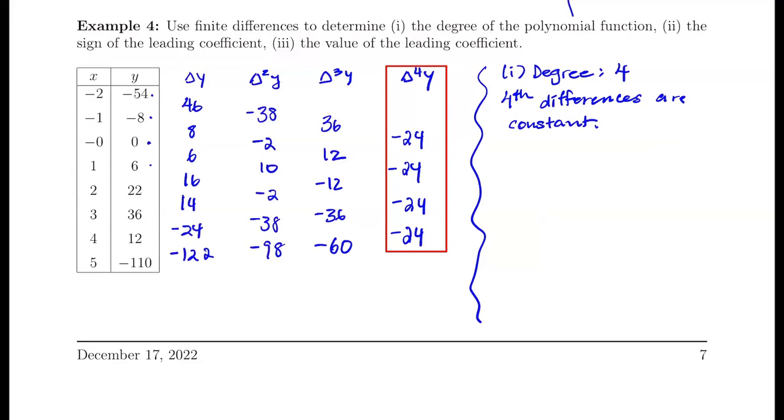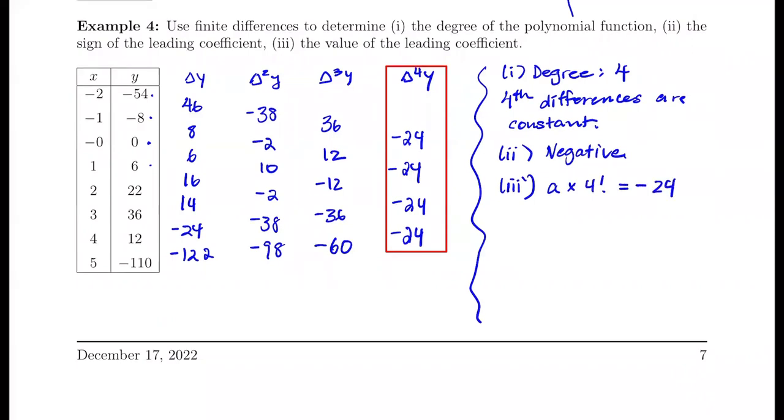And then for part 2, we see that the value is negative 24, so the leading coefficient is going to be negative. And then part 3, we simply want to determine the leading coefficient, which is the value of a. So a times 4 factorial is equal to negative 24.